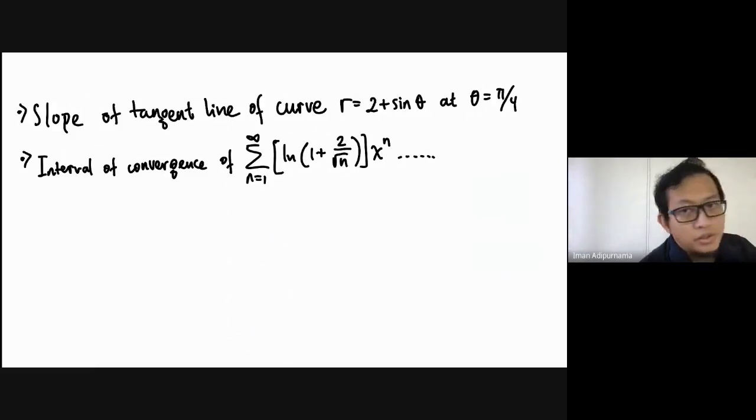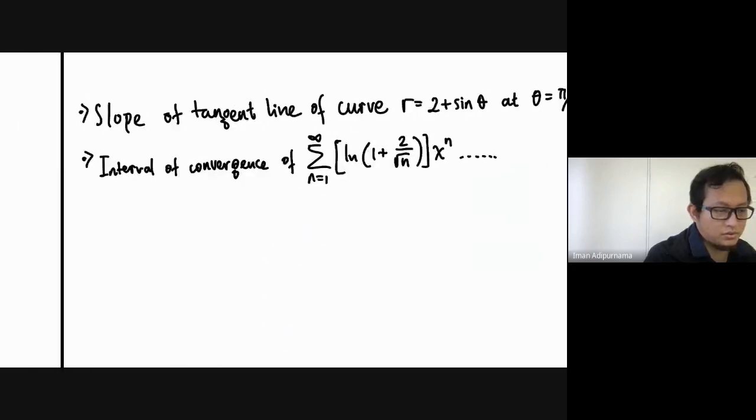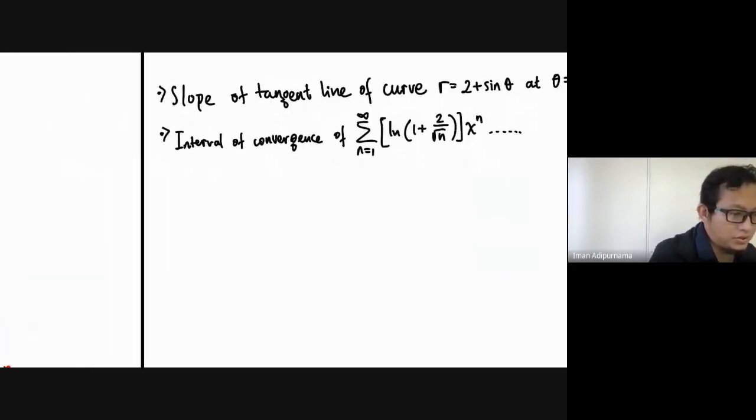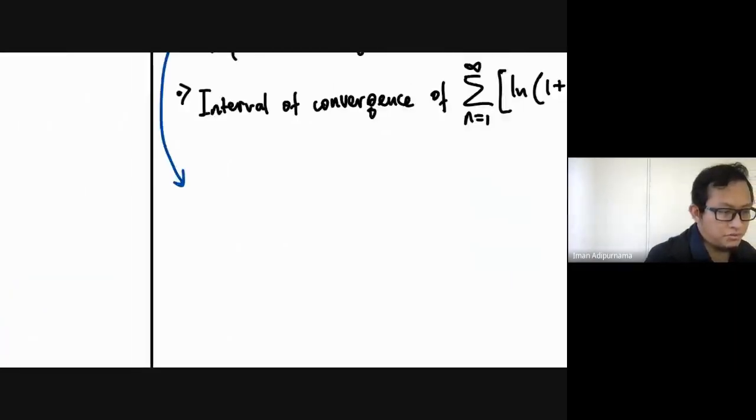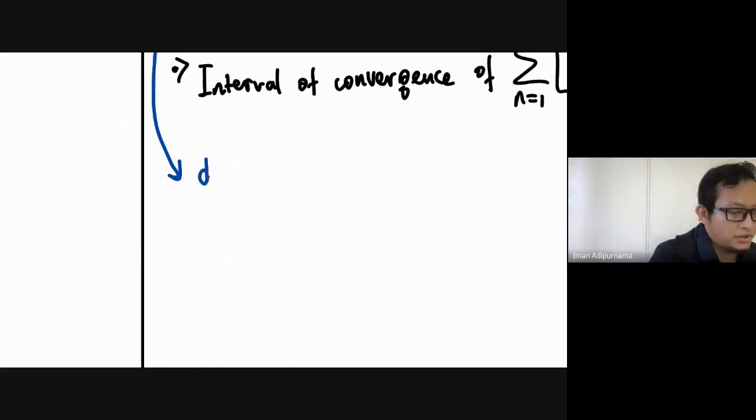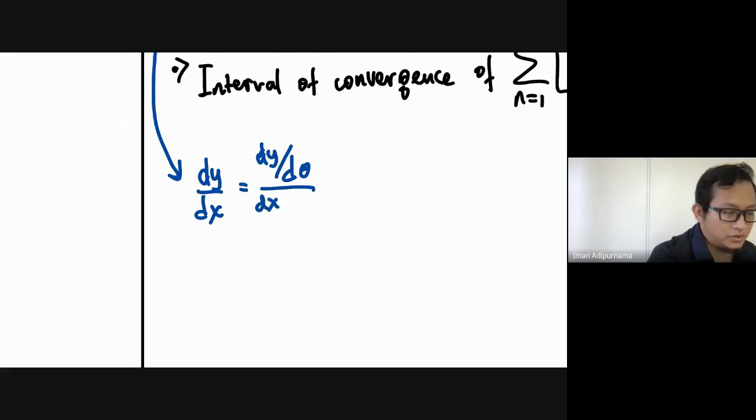Okay, what is the answer for number 1? Okay, if you don't remember how to find the slope, let me remind you. The slope is dy over dx. Okay, and this is precisely dy over d theta divided by dx over d theta.